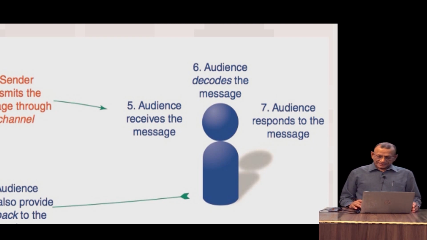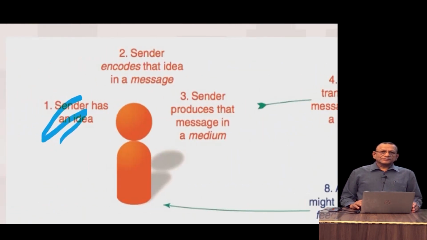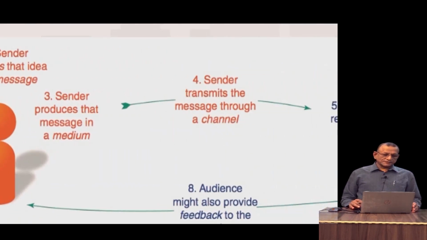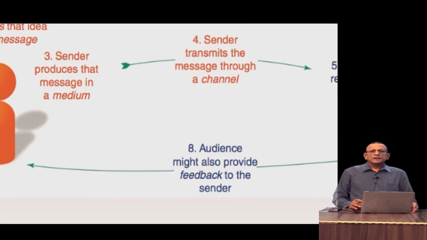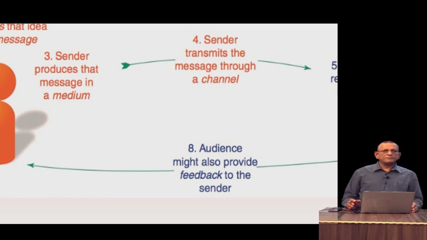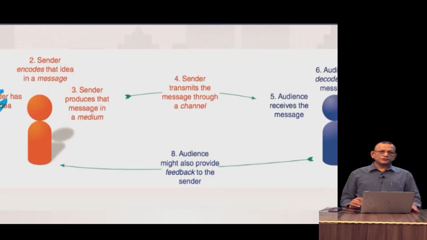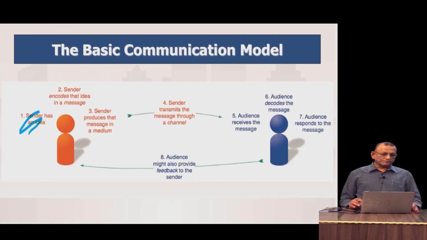And then automatically 8th stage emerges, that is audience might also provide feedback to the sender. If feedback is needed, then feedback will be given. If feedback is not needed, then it will not be given. So this is, friends, a simple communication model, basic communication model.